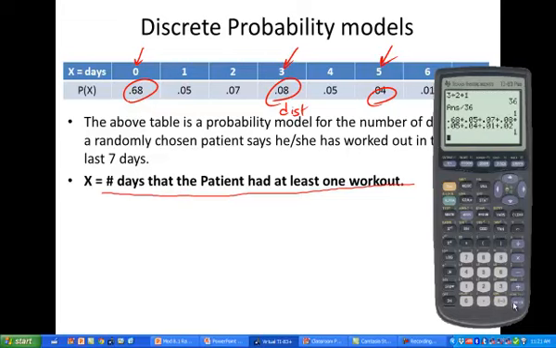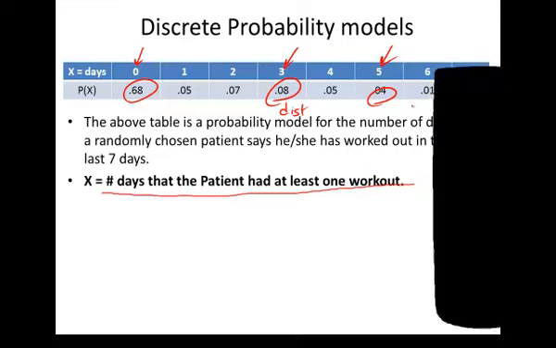And those should add up to 1, which they do. So this is a probability distribution model.